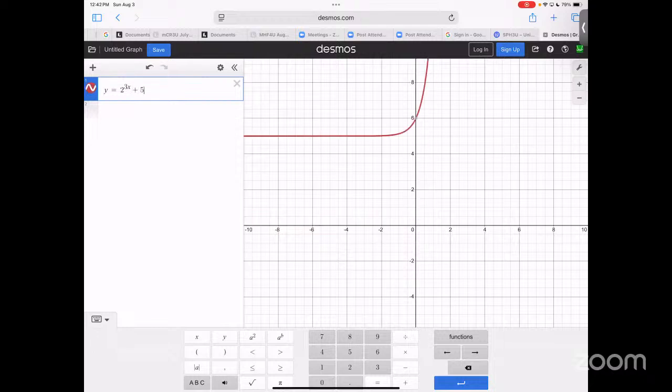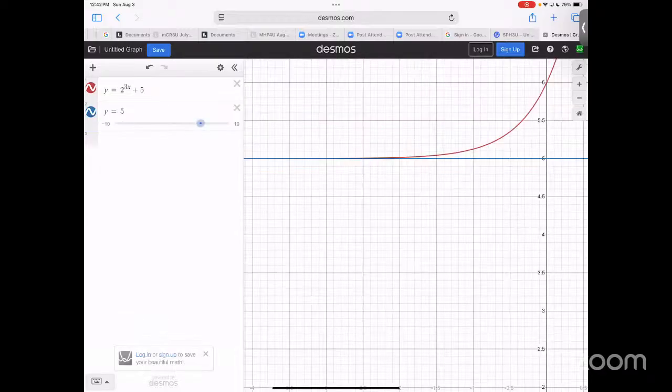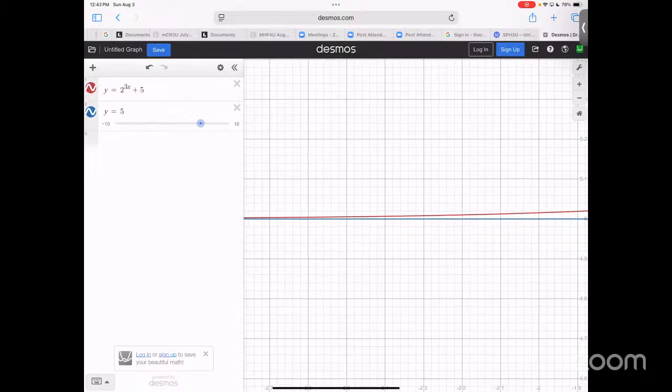I want you guys to observe. And then I'm going to say y is equal to 5. If I really zoom in, you can see that it looks like touching, but it's not touching, isn't it? You guys can see that.